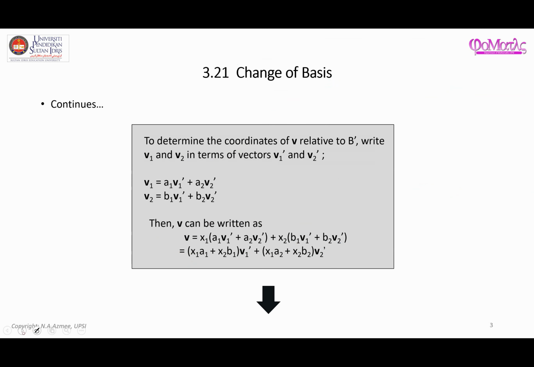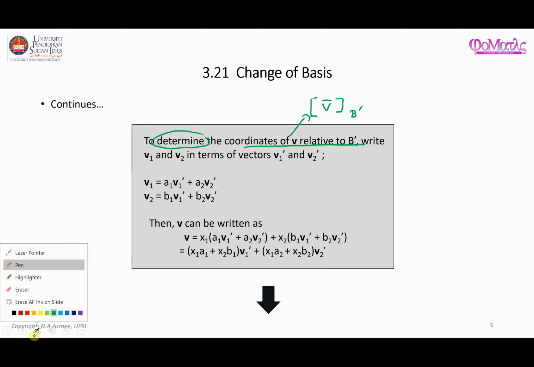Now, the question here is, how can you determine the coordinates of V relative to a new basis? In a simple notation, you want to know the coordinate of V with respect to the new basis. In order to answer this question, the first step that you need to consider is this. This is step 1.